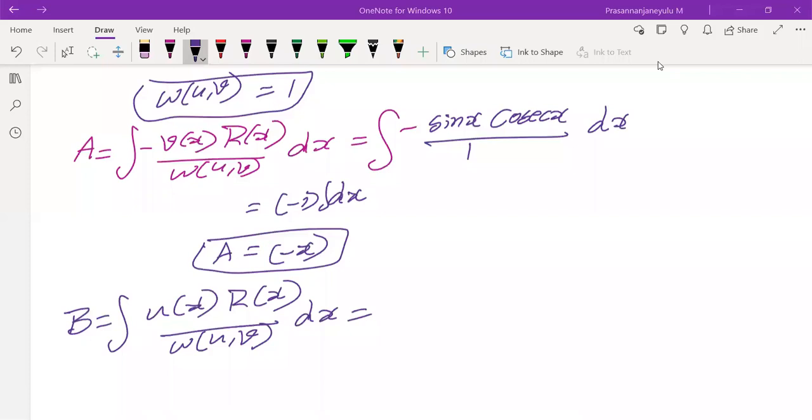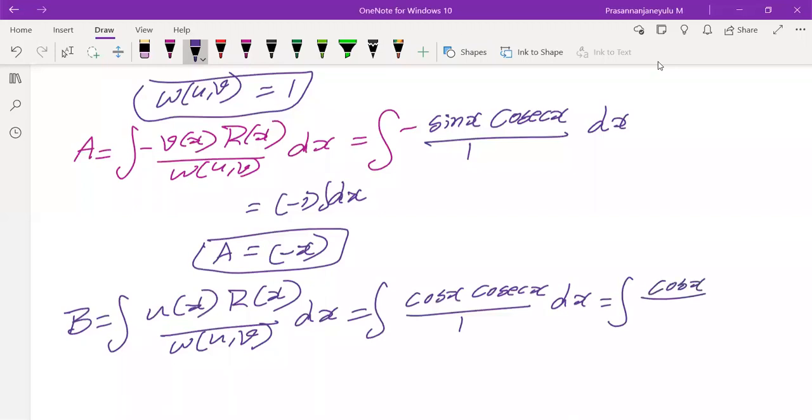For finding the value of B, here is integration of u of x, which is cos x, into r of x, which is cosecant x, by the denominator W of u comma v, which is 1. Then we can write it as integration of cos x by cosecant x, which can be written as 1 by sin x, since cosecant x is 1 by sin x.